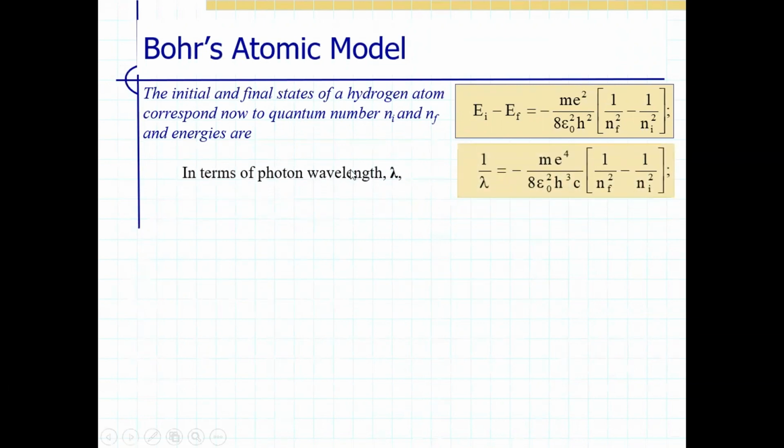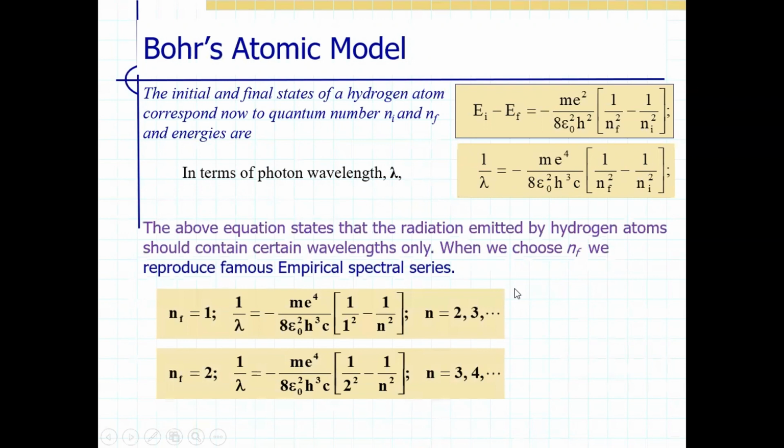In terms of the photon wavelength, this is given by the relationship which has this factor 1 divided by n final square minus 1 divided by n initial square, and this looks like the empirical spectral series formulas.